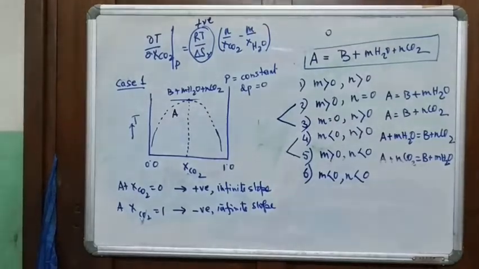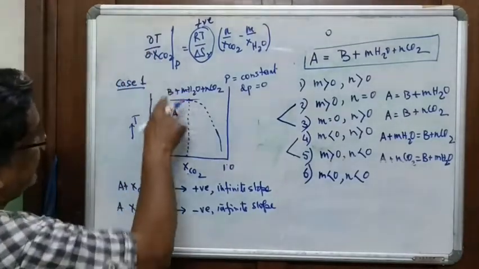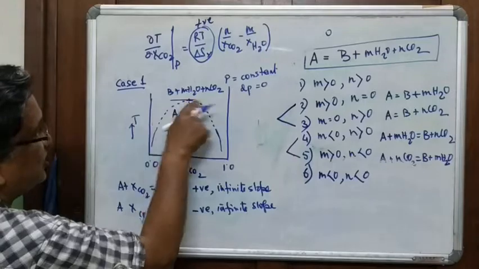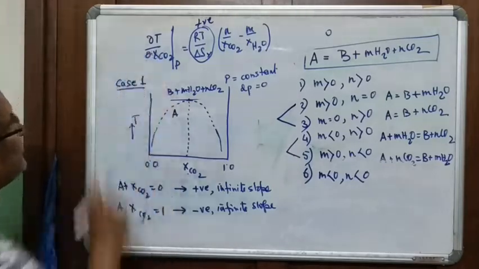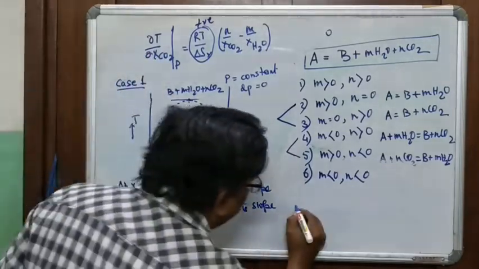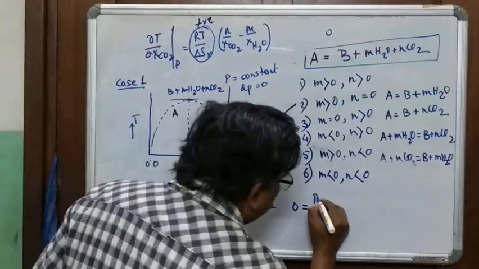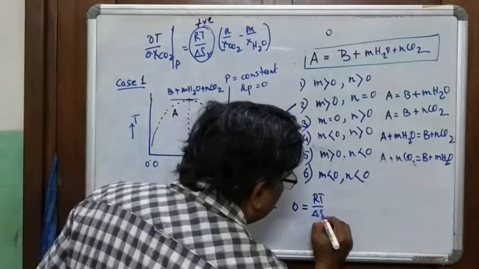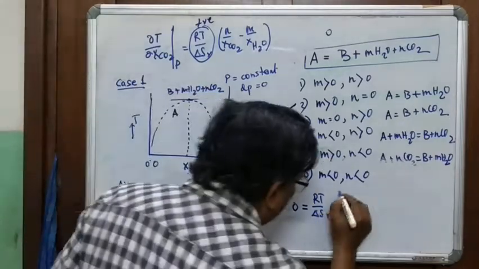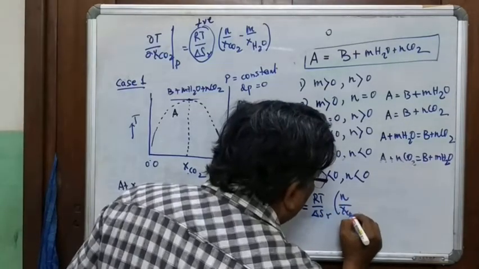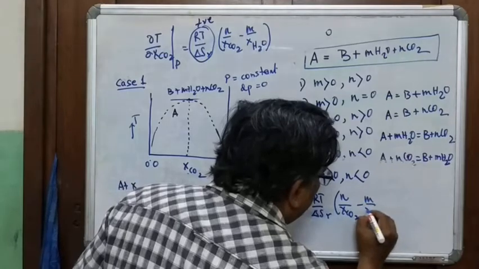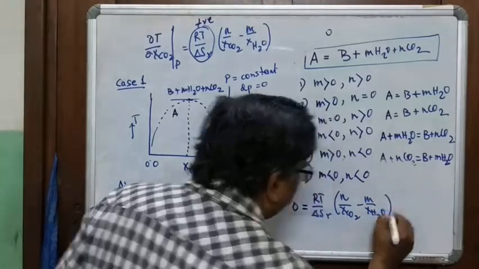So now you see here, if I take the slope here, horizontal line, then this should be 0. So I can write 0 is equal to RT by del S R into N by XCO2 minus M by XH2O.